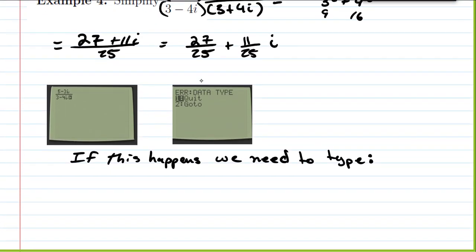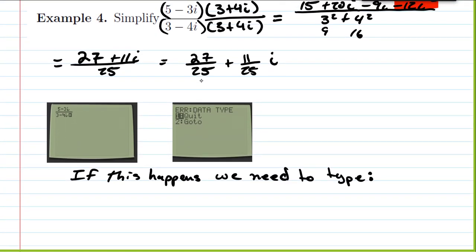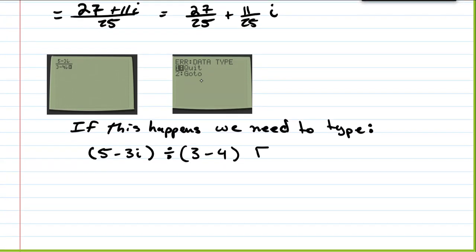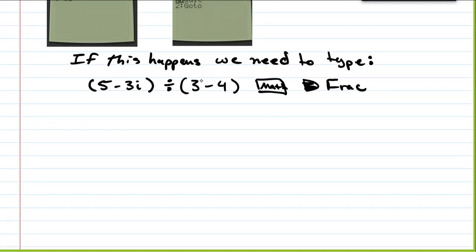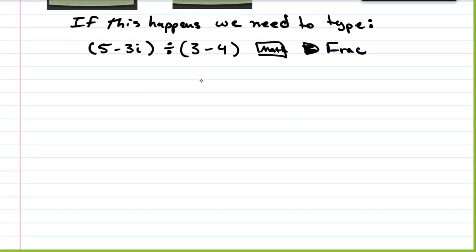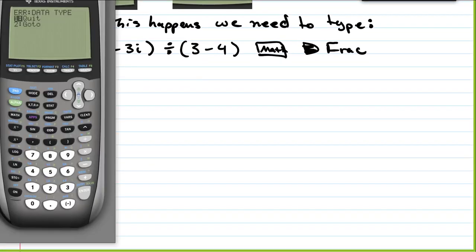So we're going to take our original problem, so we're going to do parentheses around the numerator, 5 minus 3i, close parenthesis, and then we're going to press our divide key, 3 minus 4i, and then we are going to press the math button on our calculator, and we're going to choose the fraction option. So I'll actually type all that out, but those are our keystrokes to do so.